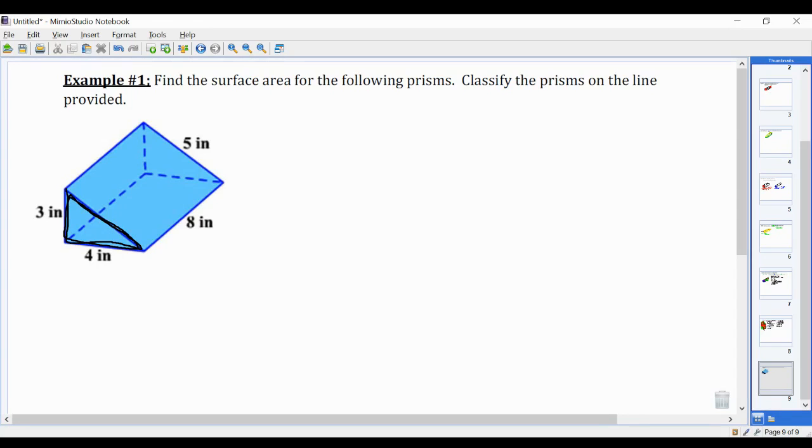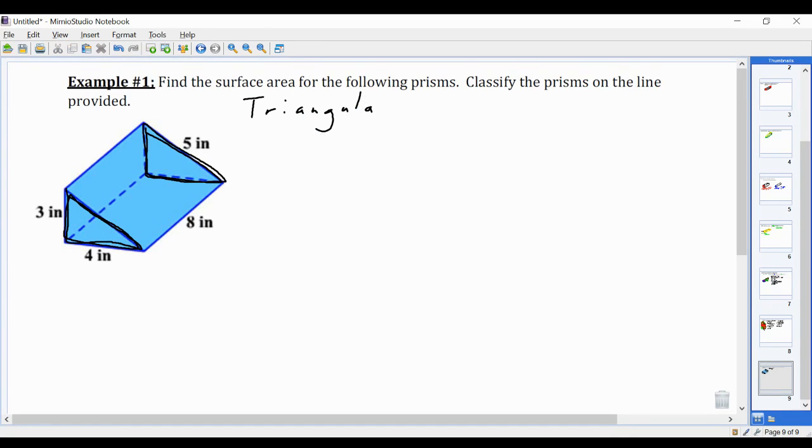There's our front triangle. There's our back triangle. So we know that this is a triangular prism.